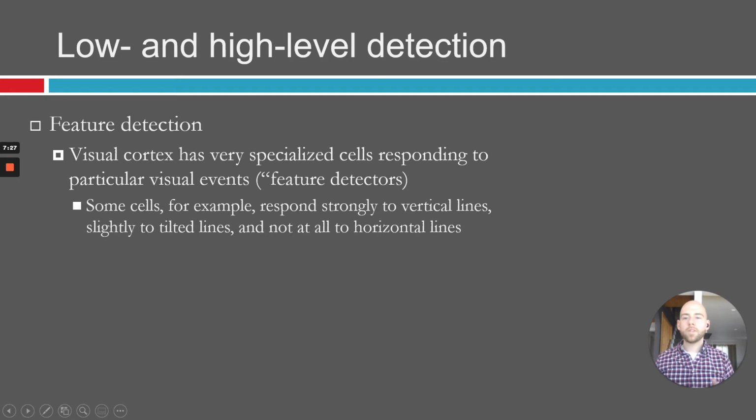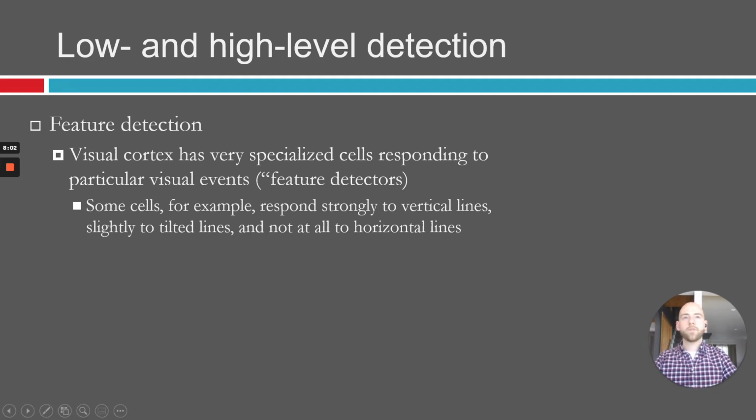So we also have these different ways that we detect things, high and low level detection. Low level detection would be just discriminating between bright or dark light or different colors, or if something is right in front of you or not. Feature detection is this high level detection. This idea that we have particular neural patterns and particular cells in our eyes that are responding to particular events.